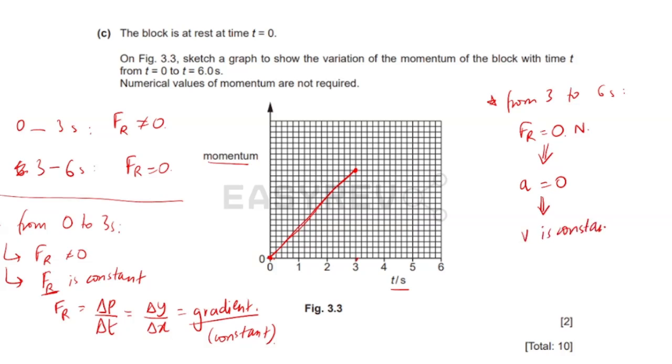And if the velocity is constant along with the object's own mass being constant, that basically means momentum, which is a product of mass and velocity, also stays constant. So after having attained some value of velocity, it's now going to stay constant, and so we'll show that with a horizontal line, which would basically be 0 gradient, right?